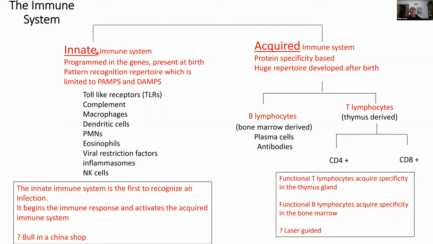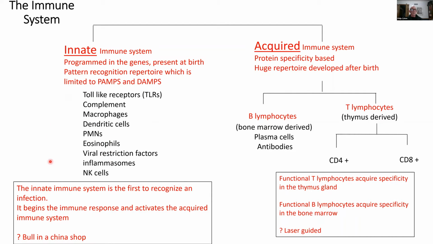It's probably active even in late development in utero, and it depends on a specific but finite and relatively small repertoire of patterns that can be recognized as molecular patterns with specificity. These are called PAMPs and DAMPs, and that's not really important, but I'm going to say what they are. I'm not going to talk about these. I'm going to briefly talk about macrophages and show you a movie. I'll mention complement, but these are all components of the innate immune system.